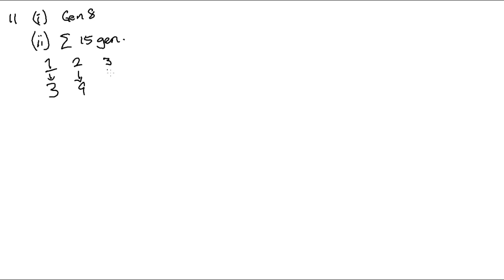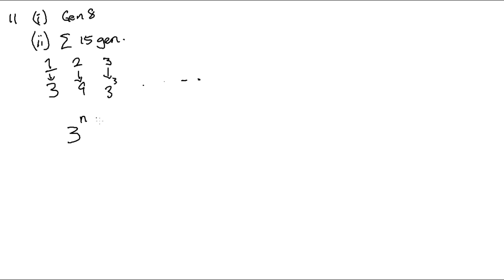Generation 3 has 3 to the power 3, 27, and so on. So we can deduce that the number of descendants has the general formula 3 to the n, where n is the number of generations.